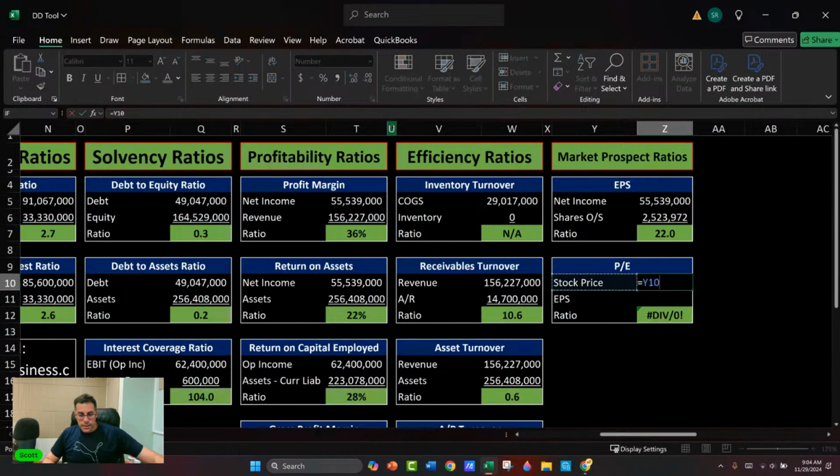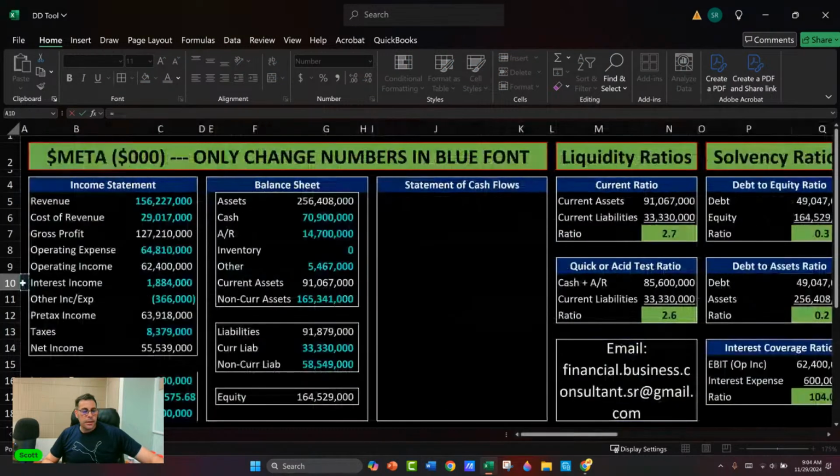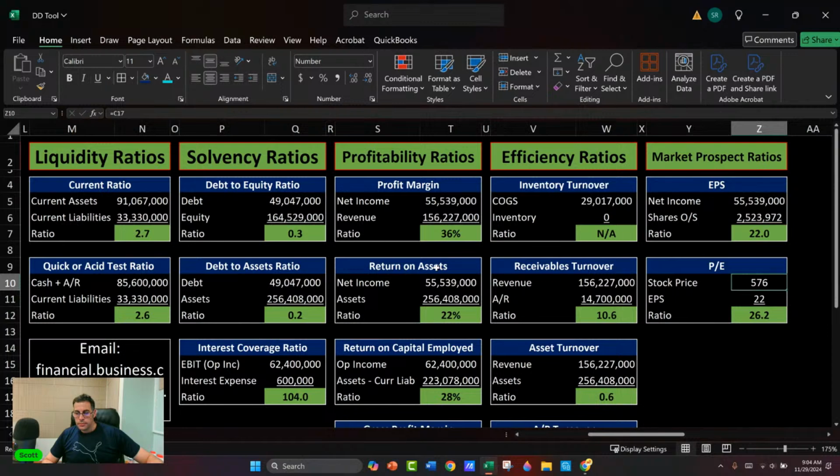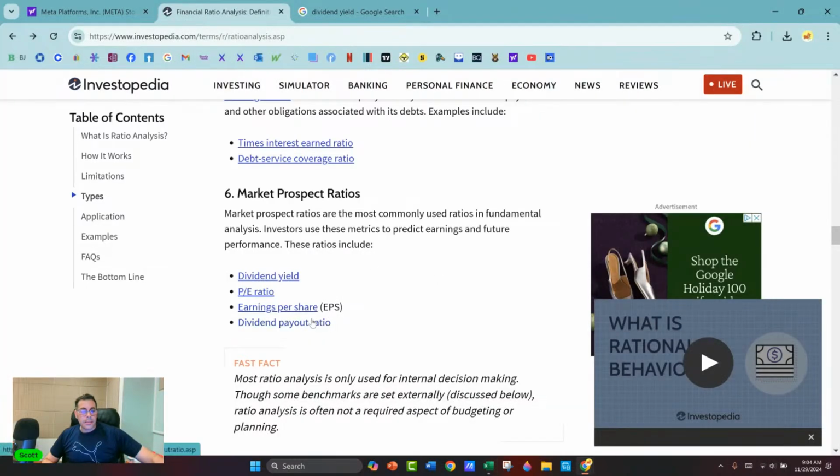Okay, PE is stock price over earnings per share. EPS is 26. PE is 26.